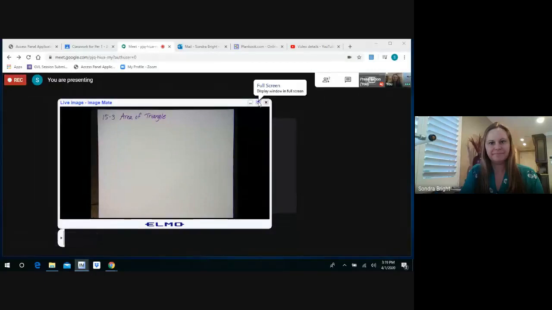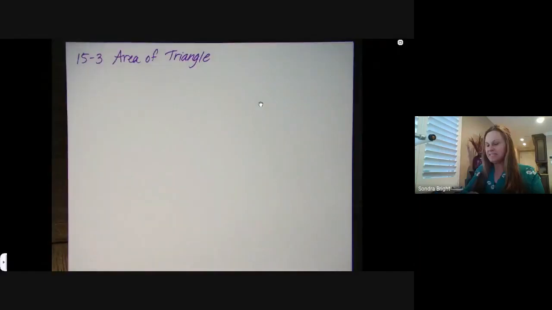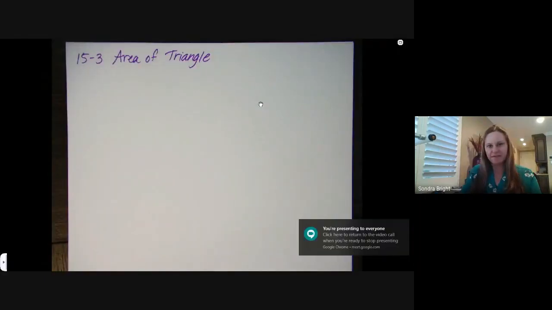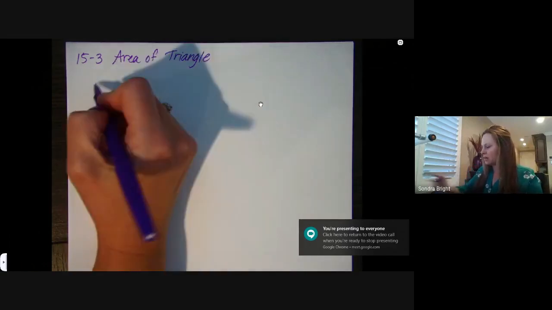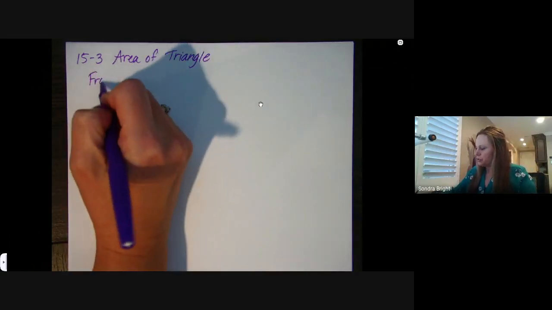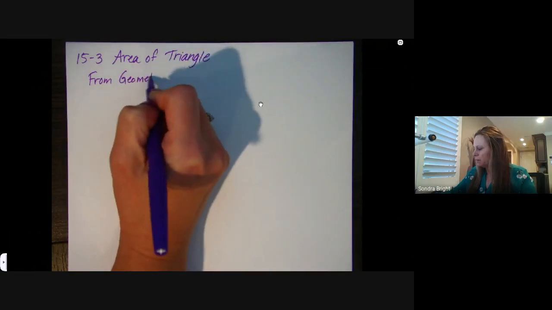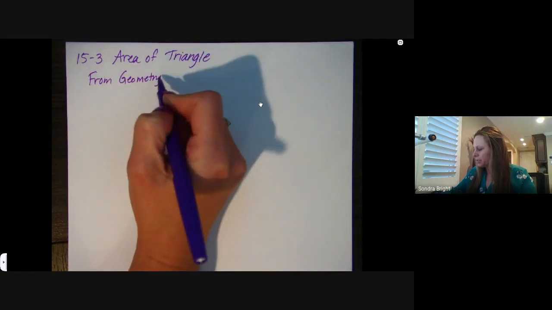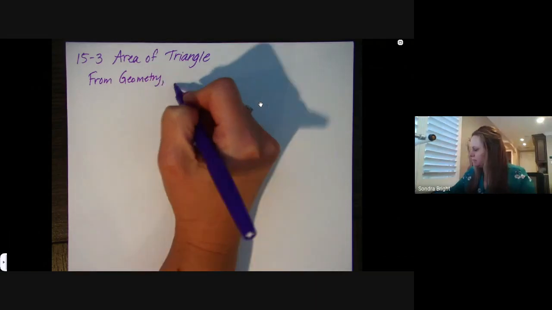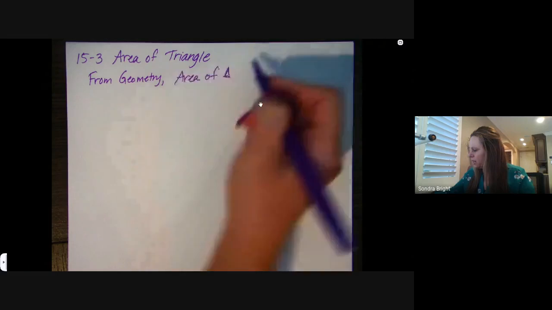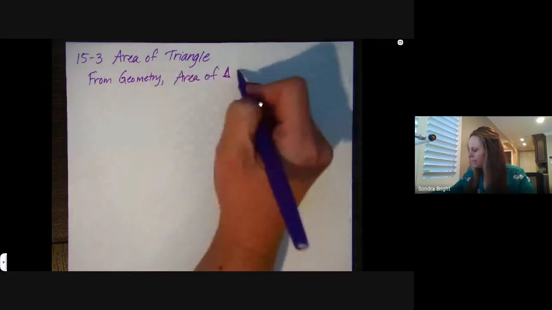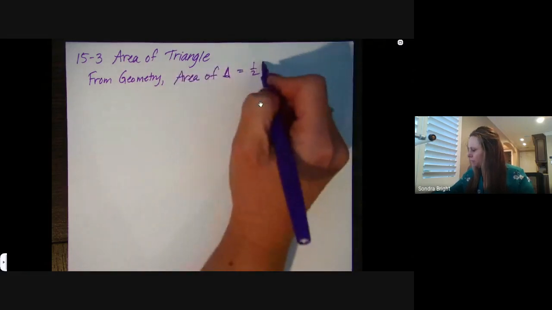Okay, today we're going to do section 3, which is finding the area of the triangle. I'm sure you remember already from geometry, and even before geometry, that one formula for the area of a triangle is 1/2 base times height, right?